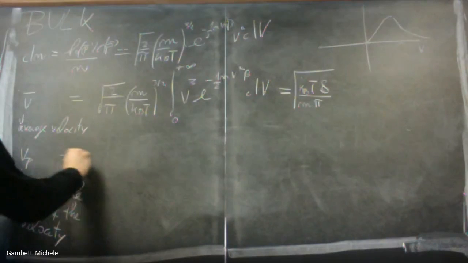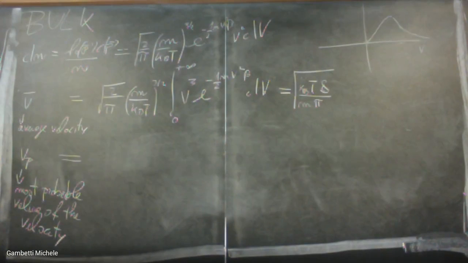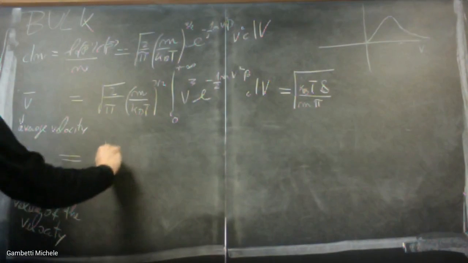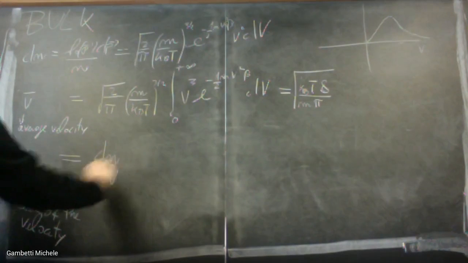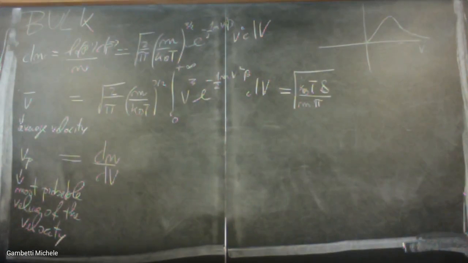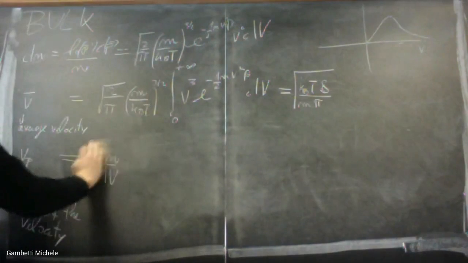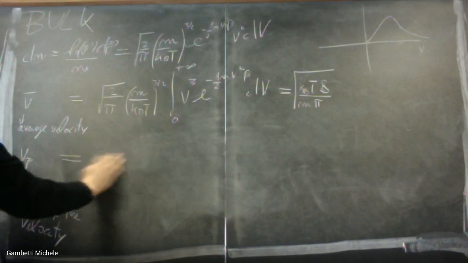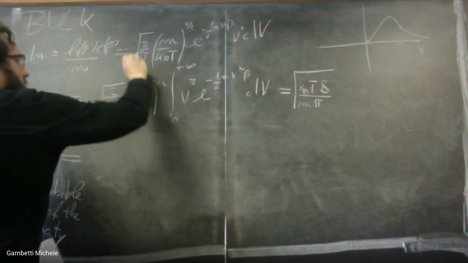So now to compute the Vp, I just need to compute the derivative dn/dv. So I have to derive this quantity. Sorry, I made this wrong because we need to write in these terms. So this is the distribution.